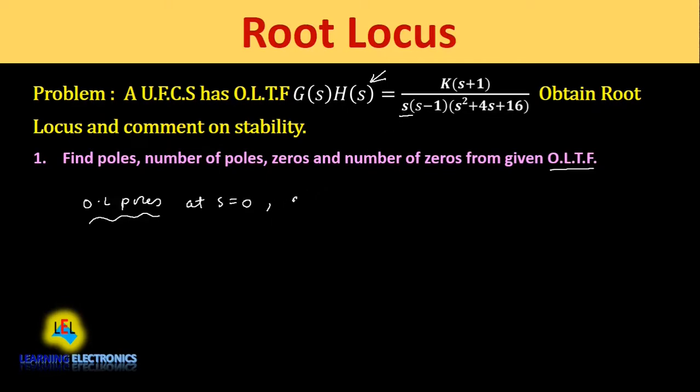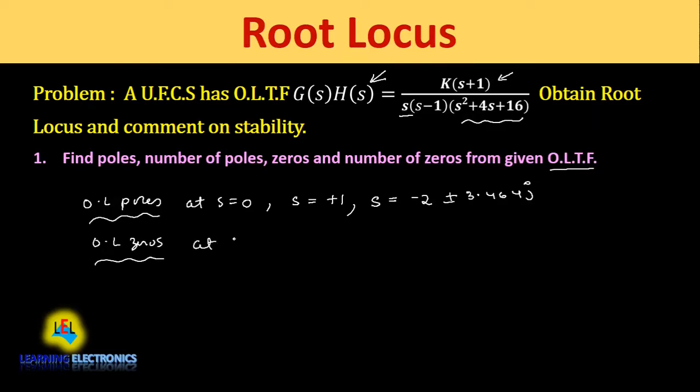Then the second pole is at s equal to plus 1, and from s^2+4s+16 we get two complex conjugate poles at s equal to -2 plus minus 3.464j. Now from the numerator we find the open loop zeros. Here we can see that only one open loop zero is there, at s equal to -1.